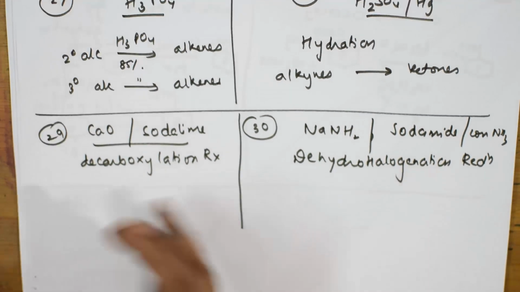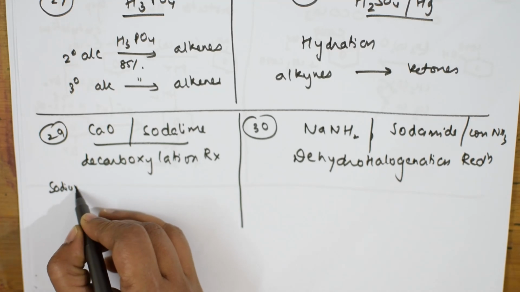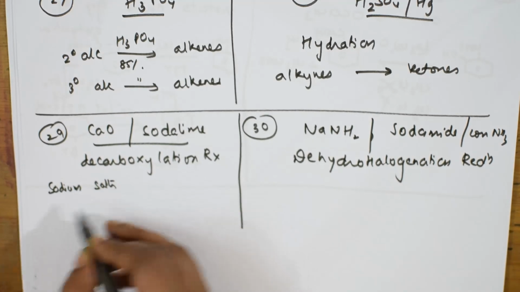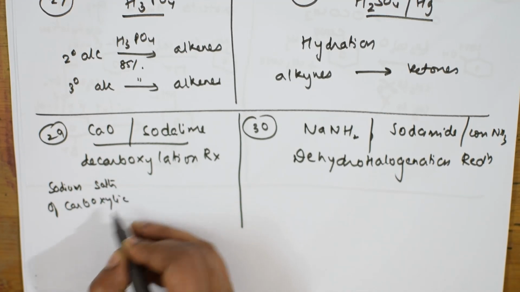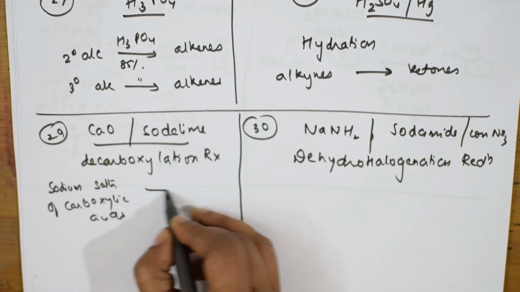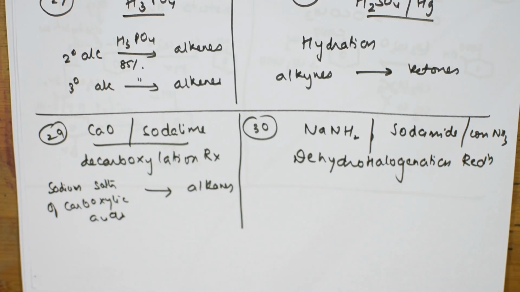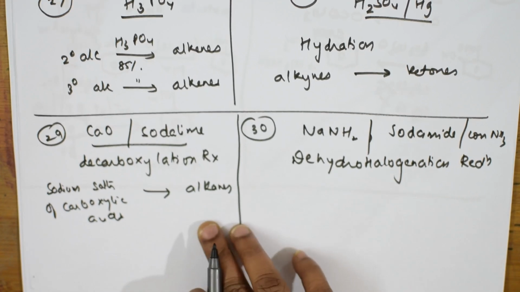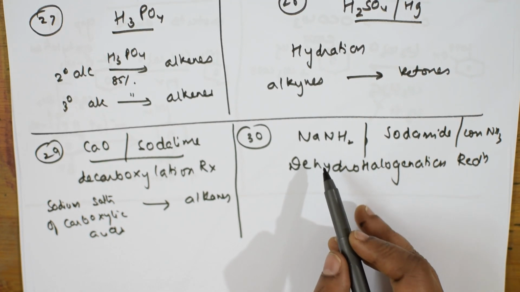Here what will happen? Sodium salts of carboxylic acids are converted to alkenes. But what is here? Here you will be getting one carbon less alkene. Here, basically NaNH2, what is its role?